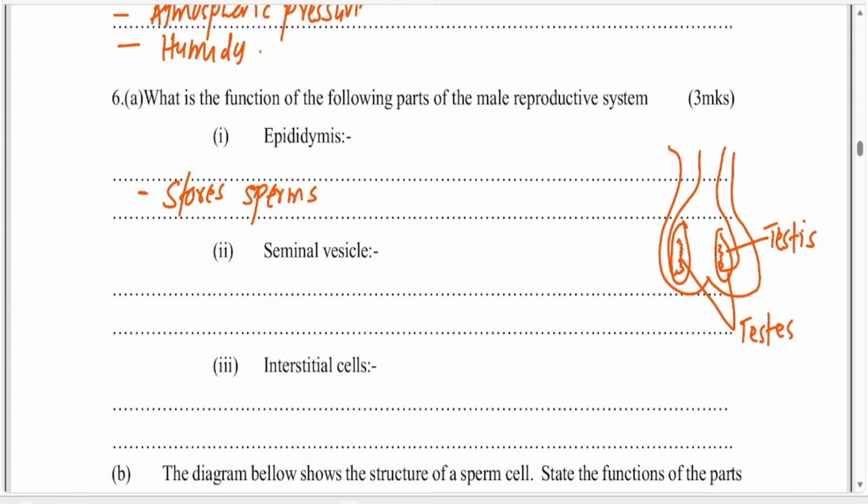Then we have the seminal vesicle. It is one of the accessory glands of the male reproductive system, including the prostate gland and the Cowper's gland.